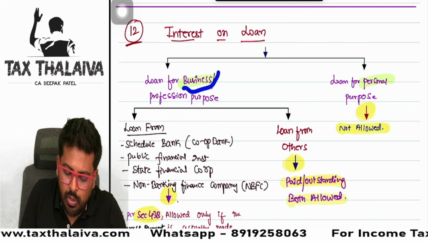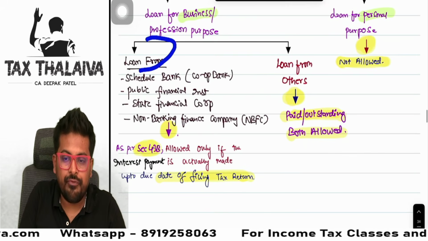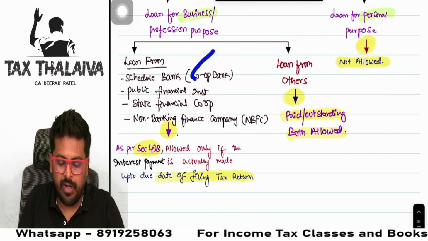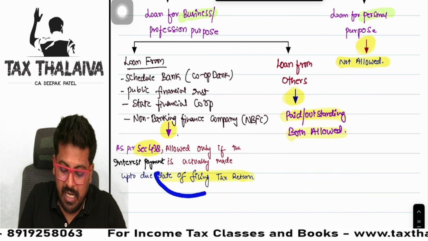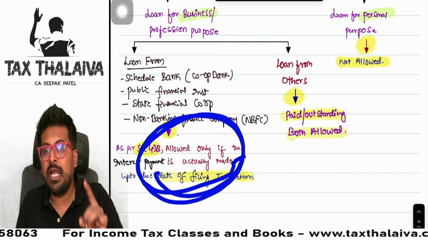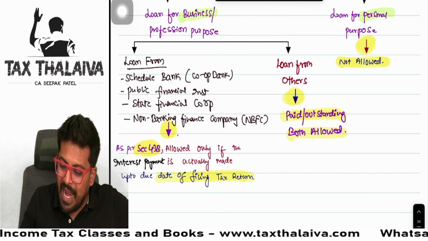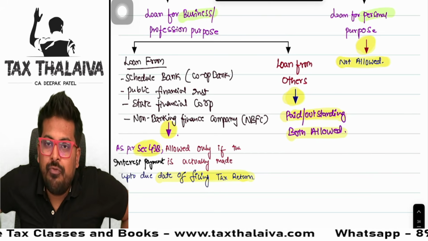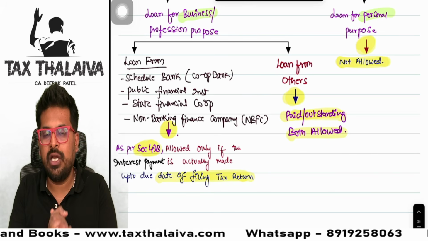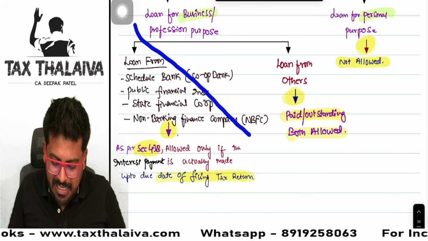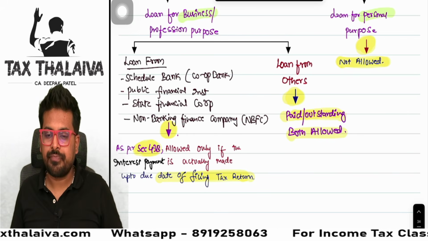If you take a loan for your business or profession from banks, public financial institutions, financial corporations or NBFCs, it is allowed subject to you making payment on or before the due date of filing return of income. So you have to pay the interest before filing the return of income. If you do not, then you cannot claim it as business expenditure.